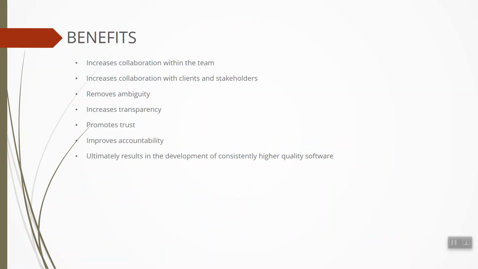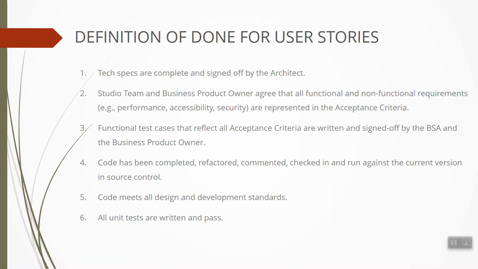So now we will look into what benefits you will get when you have a definition of done. There are many. What are the key things that should be part of a user story which will give a clear definition of done?